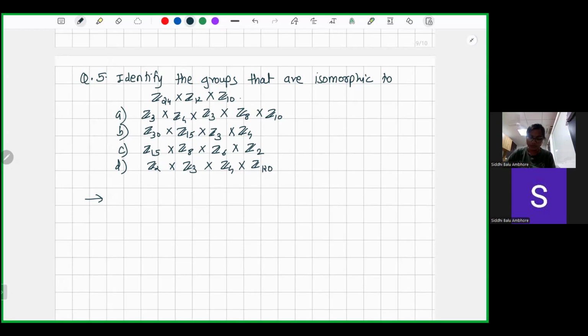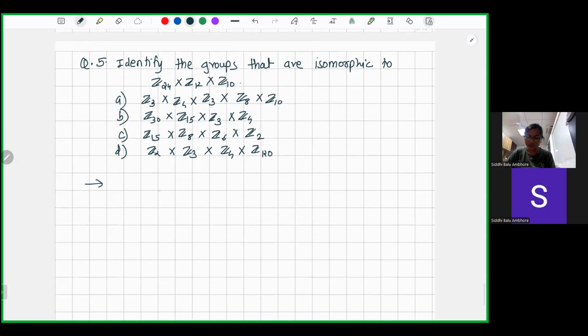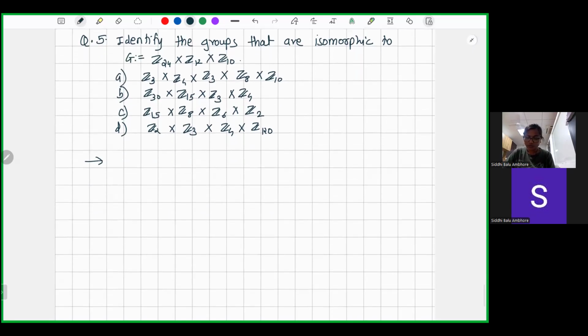Okay, so given this G, let us denote this G. So cardinality of G is 24 into 12 into 10, that is 2 cubed into 3, into 2 square into 3, into 2 into 5. I hope that's correct.